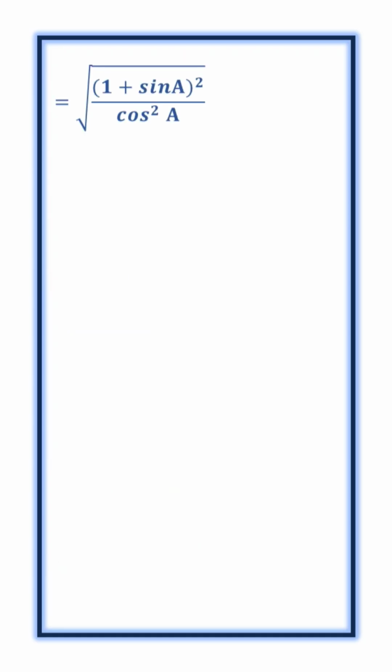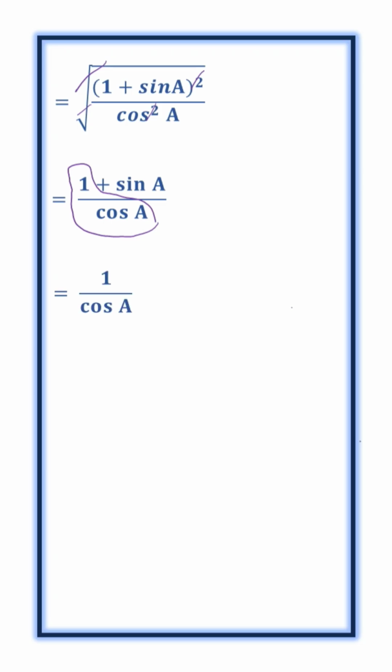You can observe that both numerator and denominator are in square form, so you can cancel the under root form like this. Okay, so this is equal to (1 plus sin A) upon cos A. Now separate this like this: 1 upon cos A plus sin A upon cos A. You know that 1 upon cos A is equal to what?